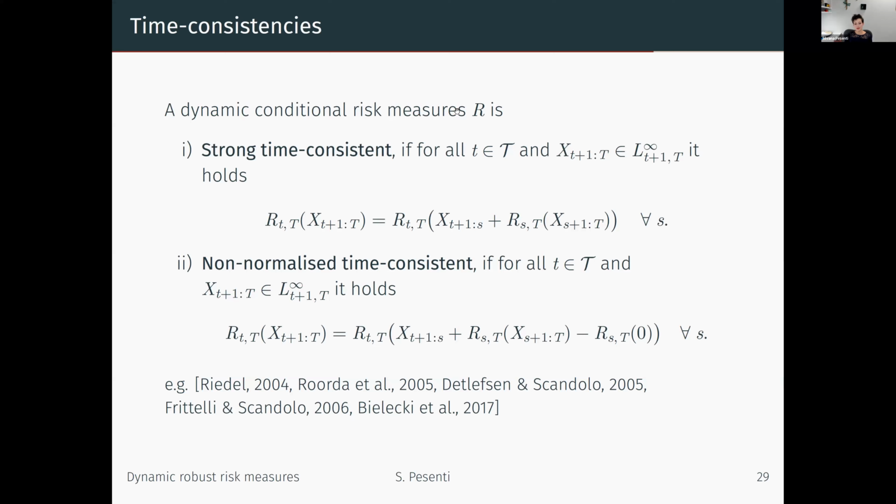So the way we define our worst case risk measure is we look at the essential supremum over a set of random variables that are already in the right space. So measurability is not the issue here.